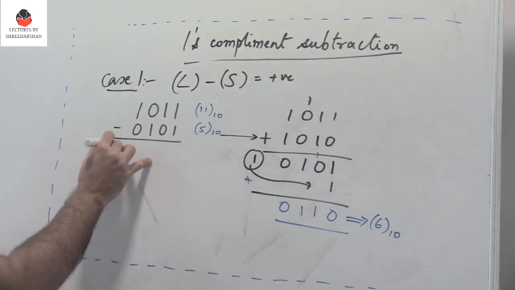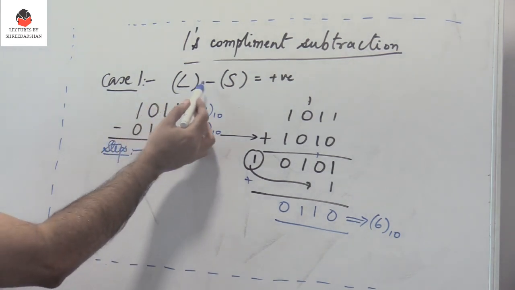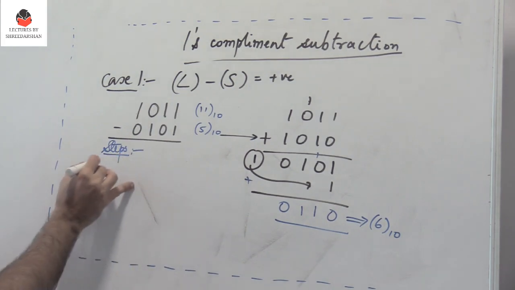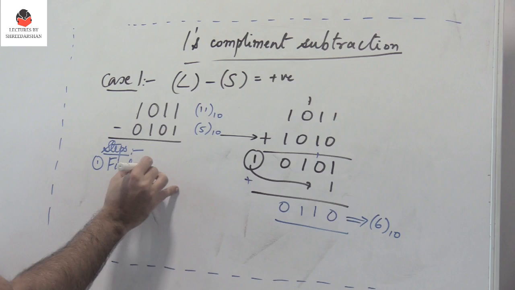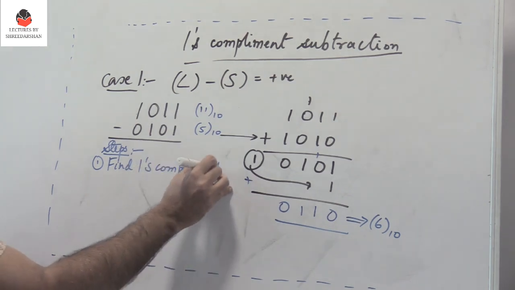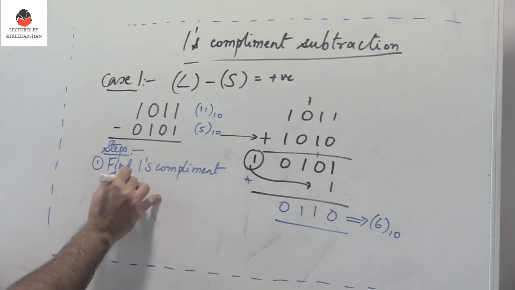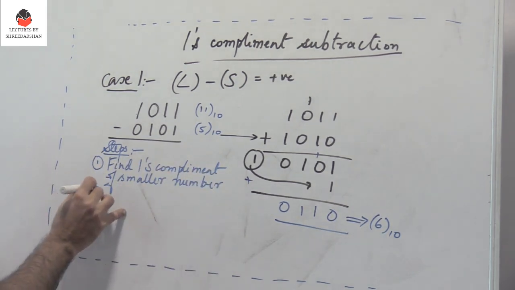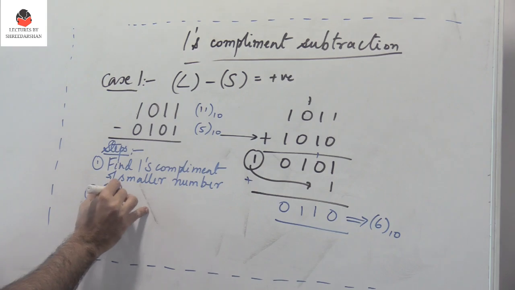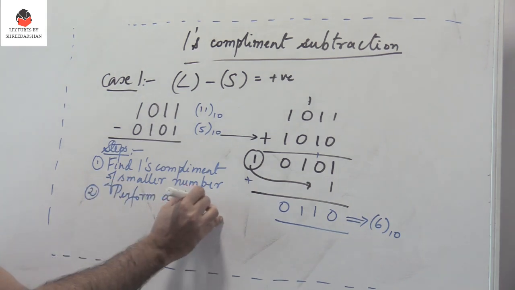So what are the steps? Steps for larger minus smaller. Step 1, find the 1's complement of the smaller number. That's step 1. Second, perform addition. So what do we add?